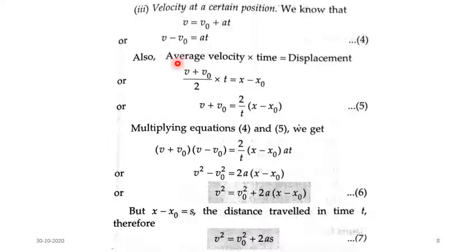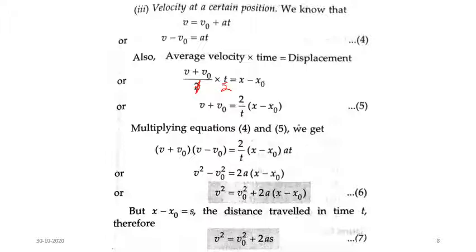Now you know average velocity is final velocity plus initial velocity divided by 2. So I can substitute this formula here, times time, equals displacement, which is the distance between your final position minus your initial position. I can write this 2 below t.